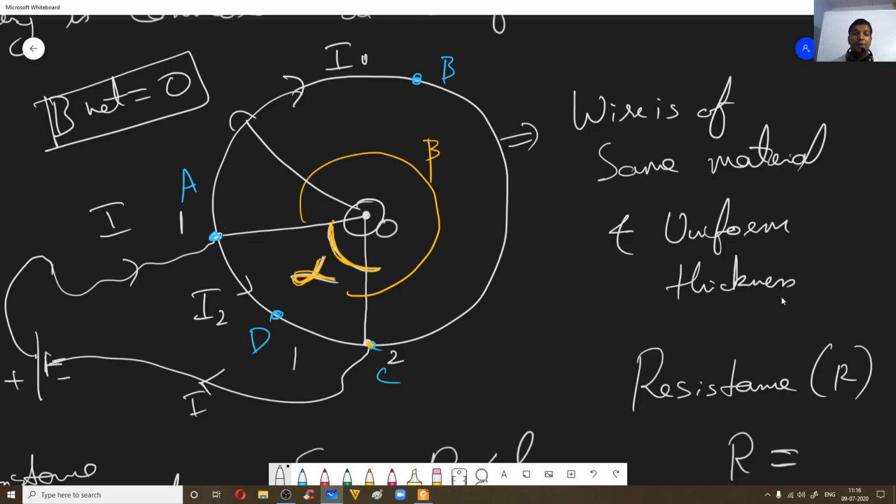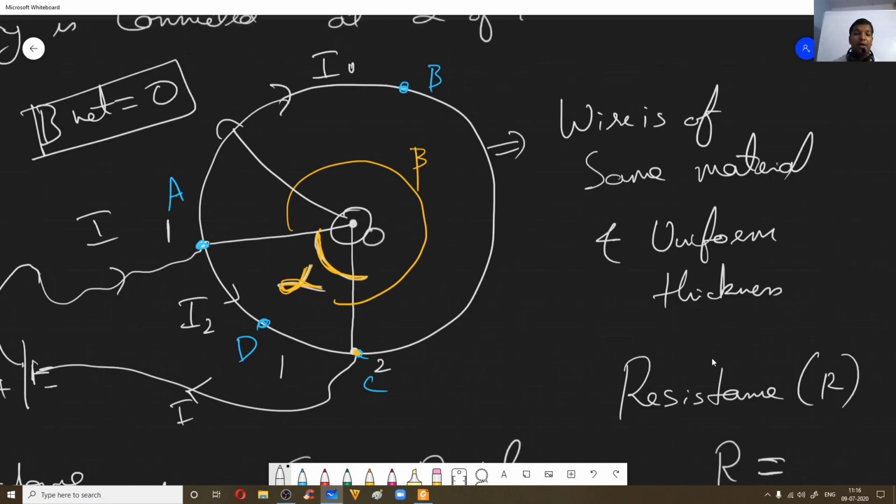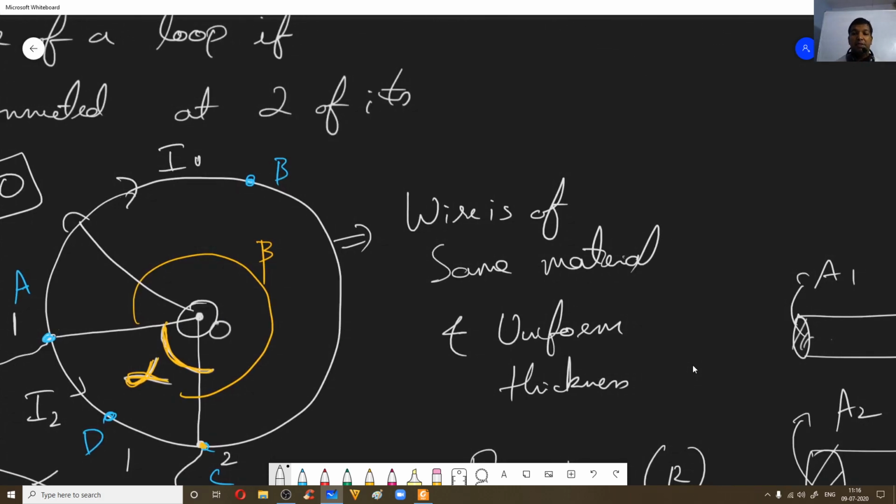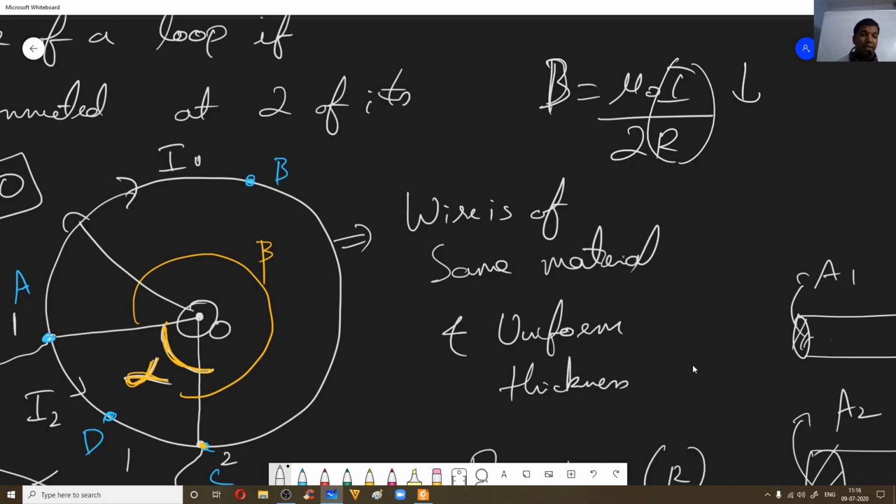The magnetic field depends on 2 factors. We'll say B is equal to, for this current carrying loop, mu naught I divided by 2R, right? So if you observe this I and R, I1 was actually less for segment ABC, but R was actually more, right?